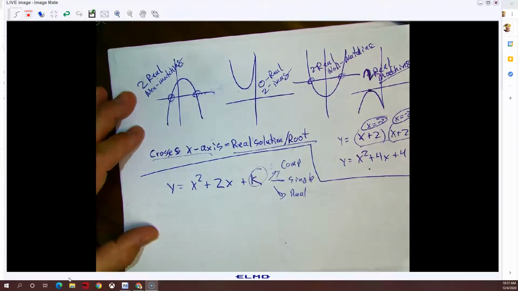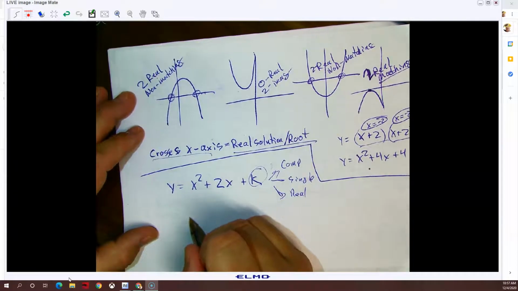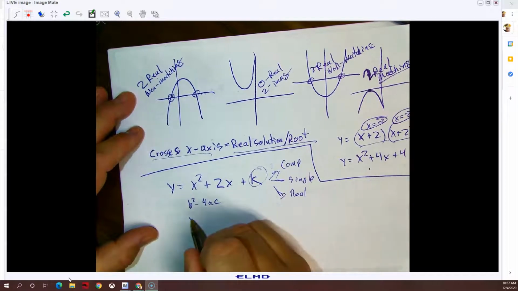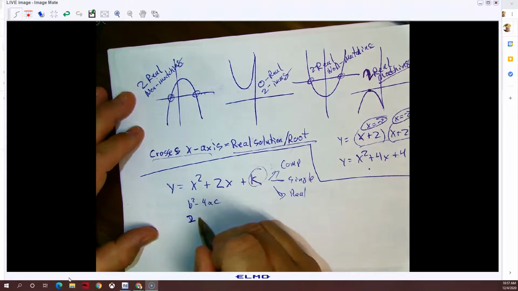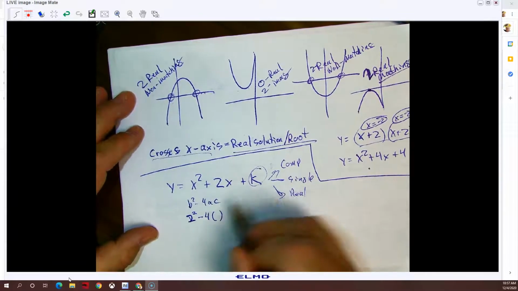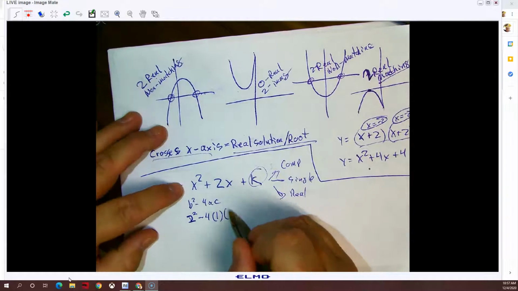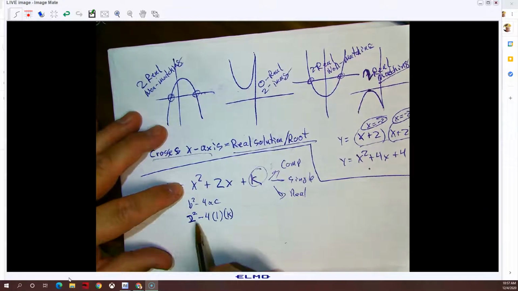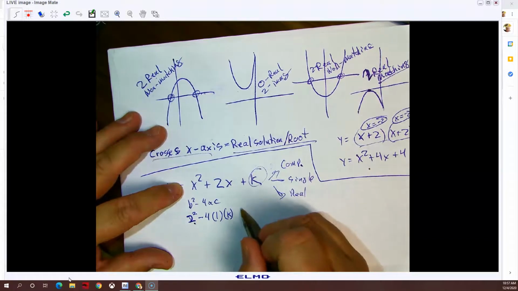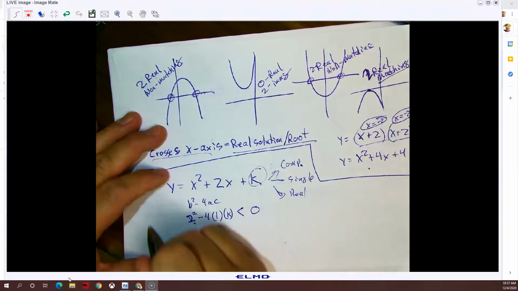And the way to do that is simply to get the discriminant, b squared minus 4ac, so in our case 2 squared minus 4 times 1 times k. And we know that it's complex if it is less than 0.